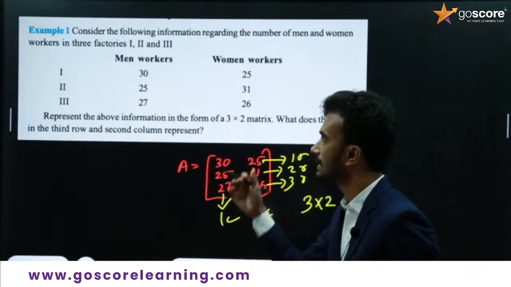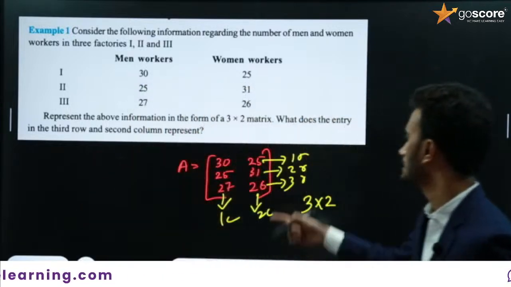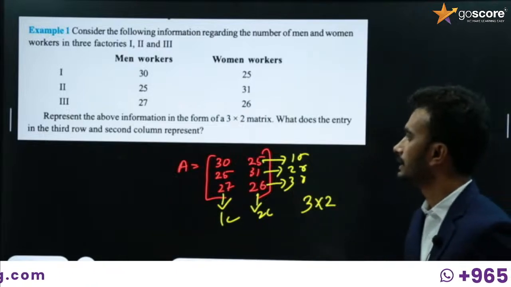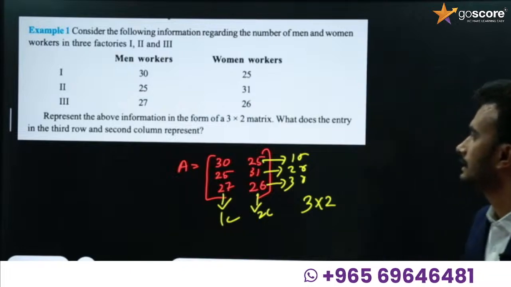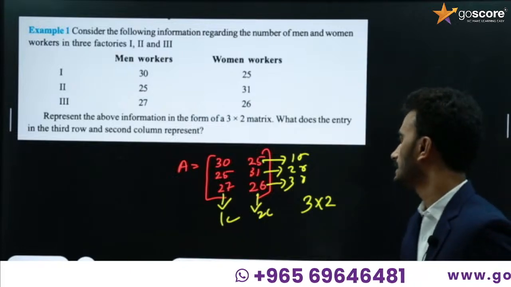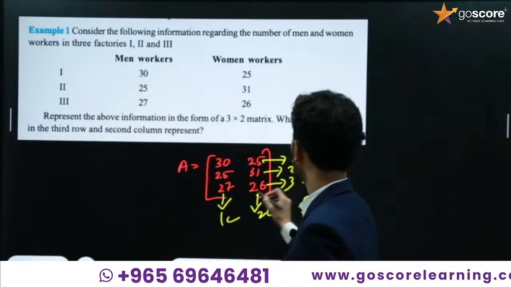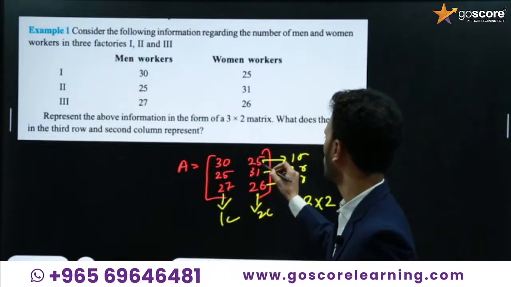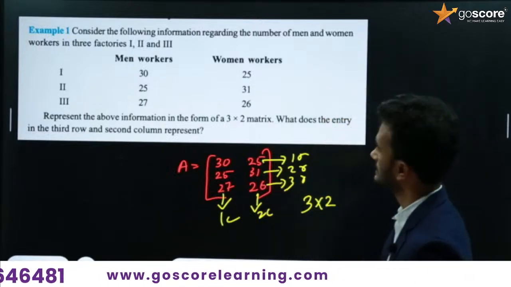So we can represent that information in the form of a matrix. What is the entry in the third row and second column? This one, 26.